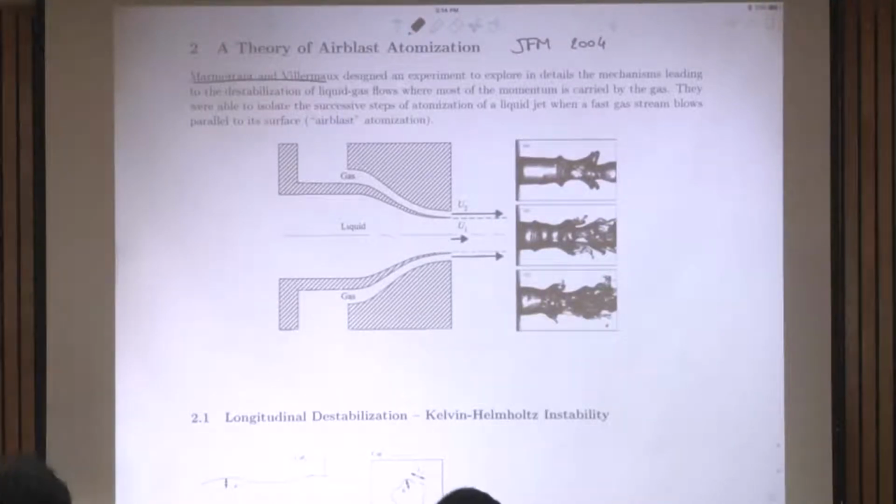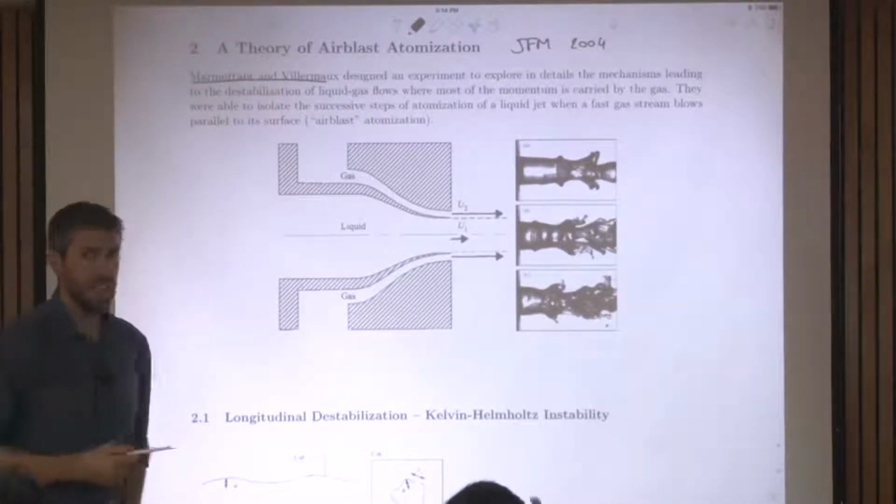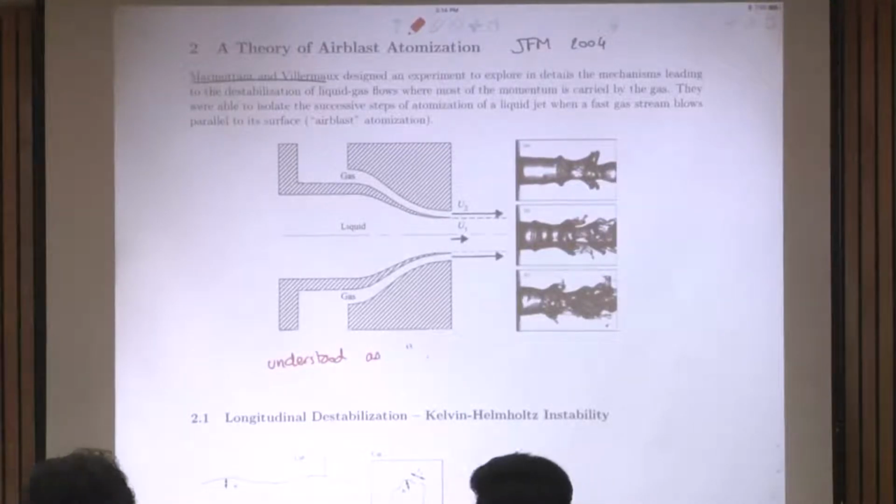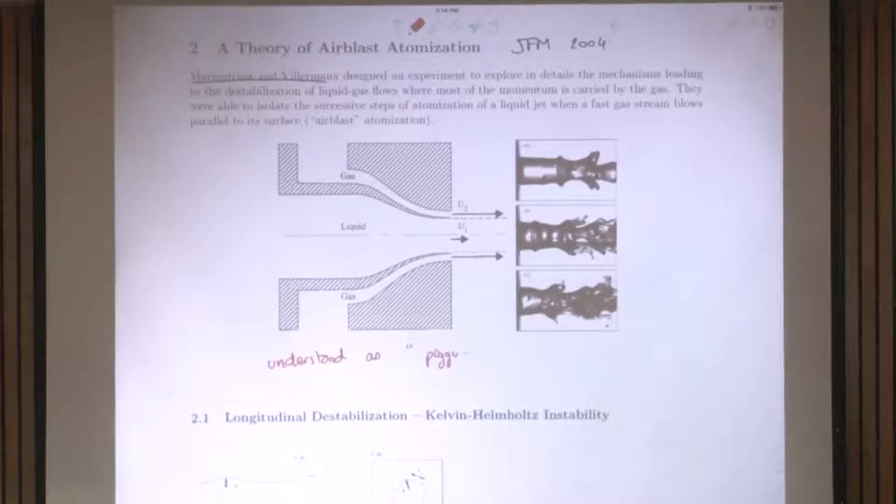So I'll give you the very short story here. The main idea is that you can understand that essentially fully from the understanding of instabilities. So I'll just say that it's understood, what I'm going to write as piggybacking instabilities.